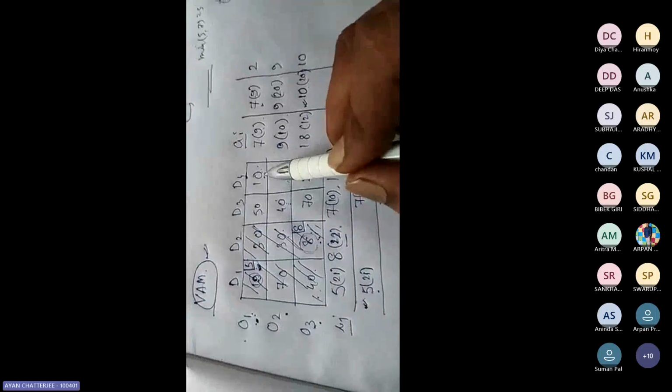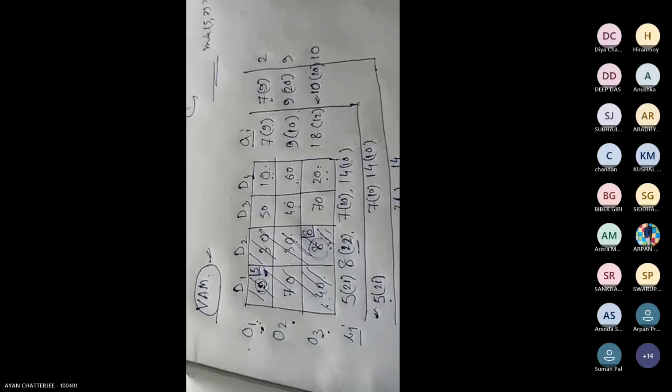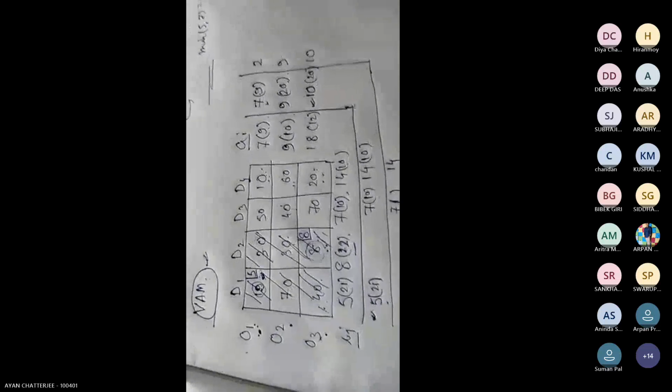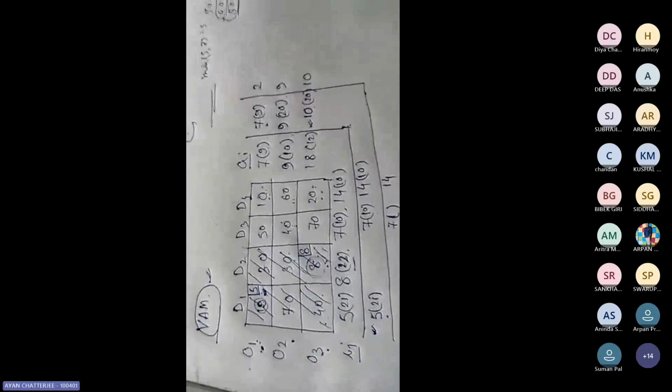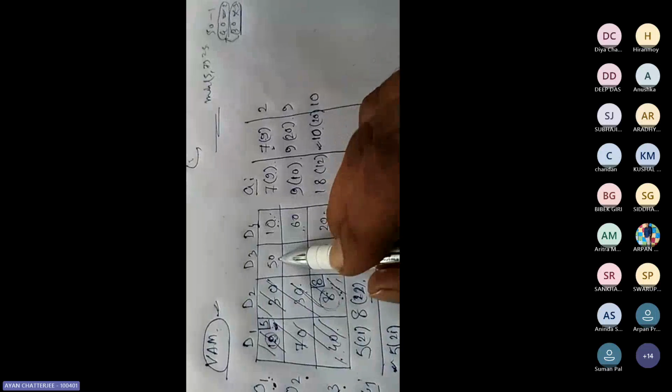Now if I want to find the minimum value, look here, you can see the minimum value is 10, and next to that is 50.